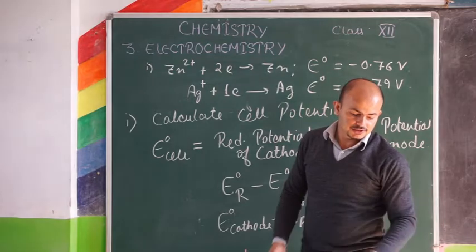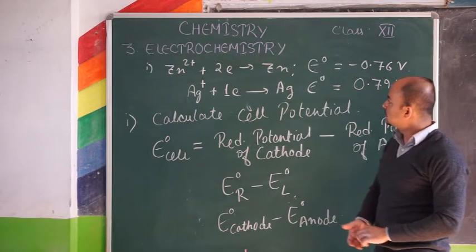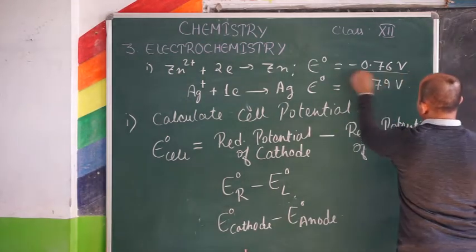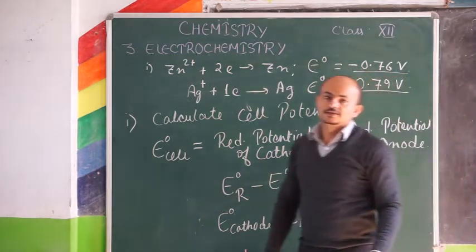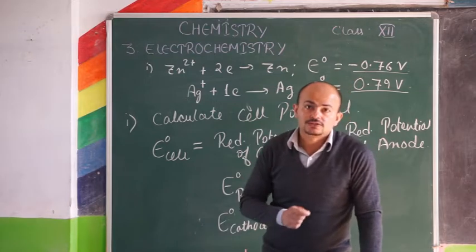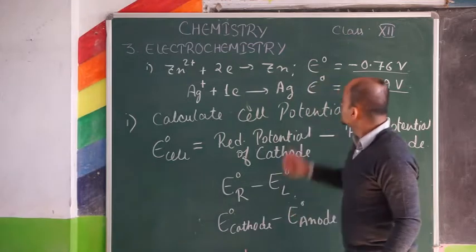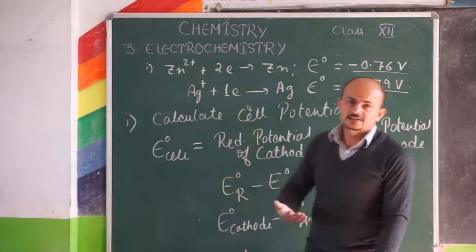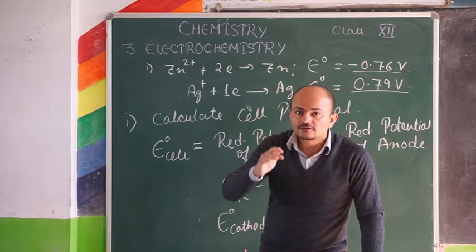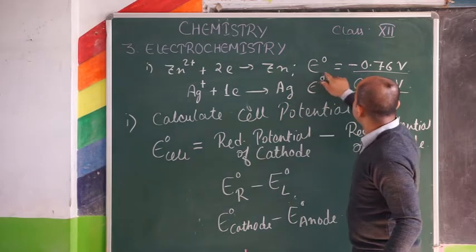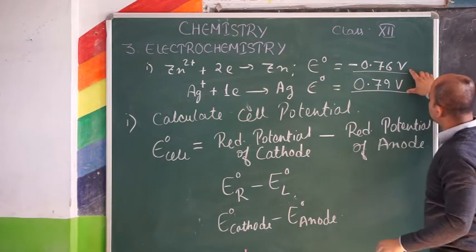So here, how can we do it? Now here you know E naught cathode minus E anode. Now from this information, how can we know which one is the cathode and which one is the anode? So that's your problem. If you have listened to what I told you just before, you would have easily told it. I have told that if it is more negative, meaning a smaller value of these potentials, then comparing these two values, which one is smaller?